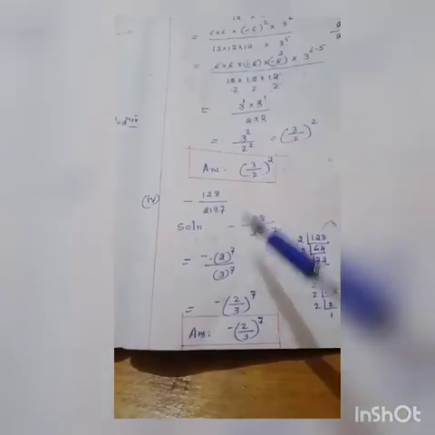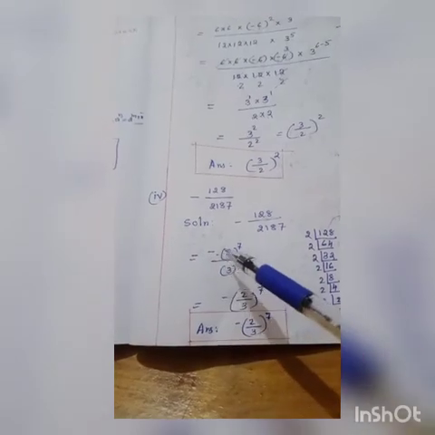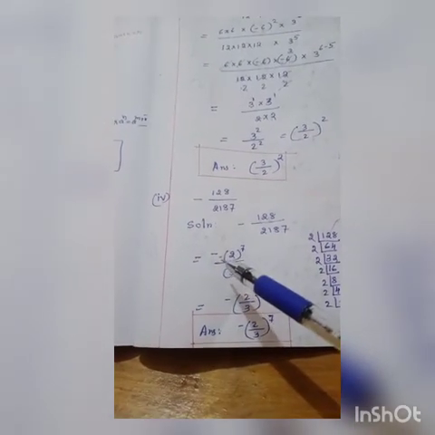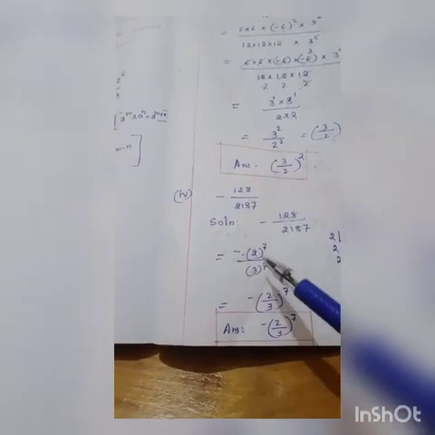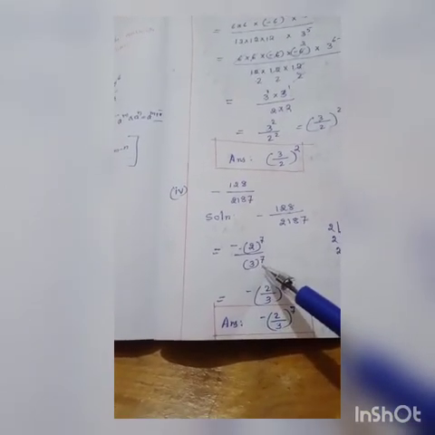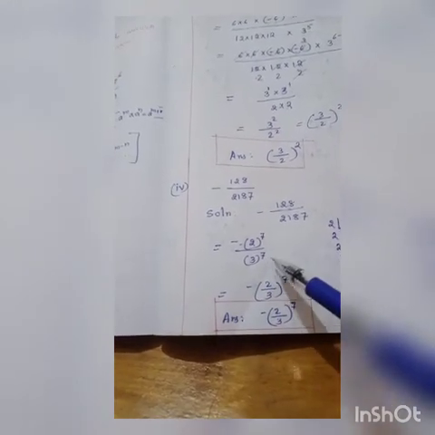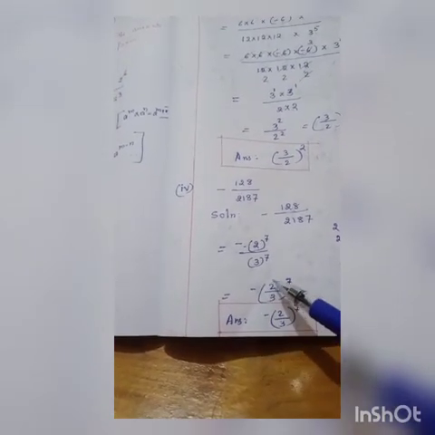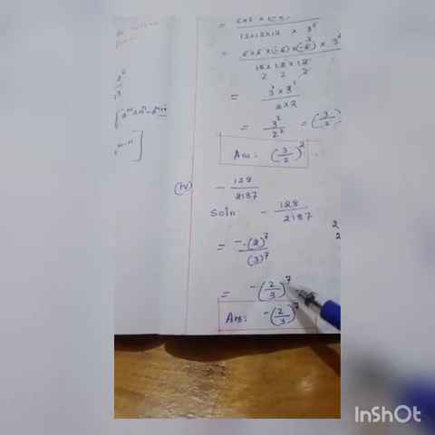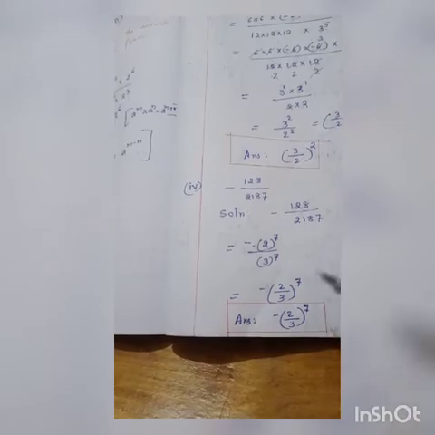So we can write, negative sign remains like that, 128 as 2^7 by 2187 as 3^7. Both the exponents are equal, both 7 only. Then we write the negative sign common, (2/3)^7. So the answer is negative (2/3)^7.